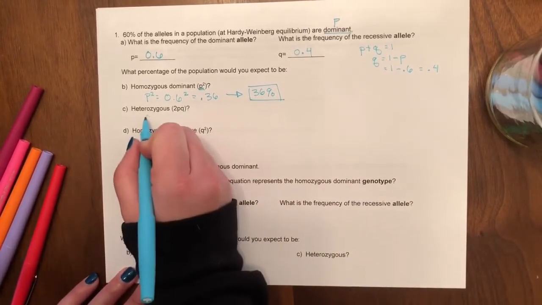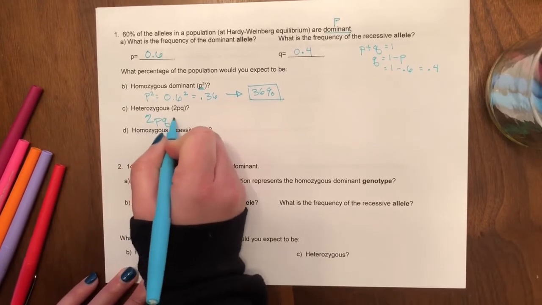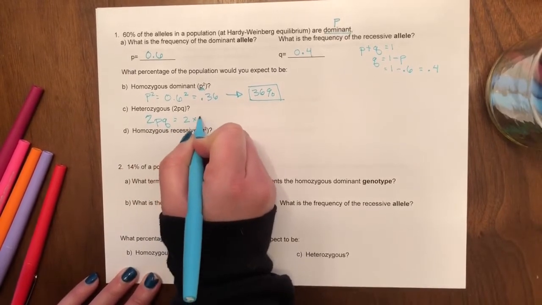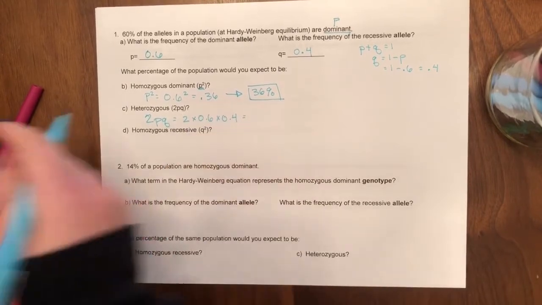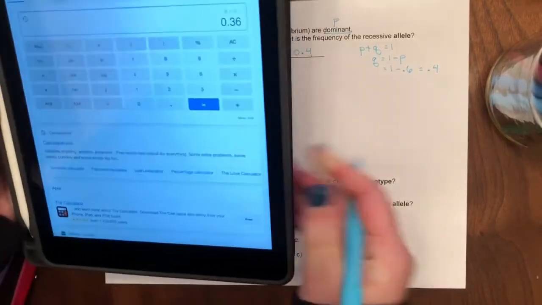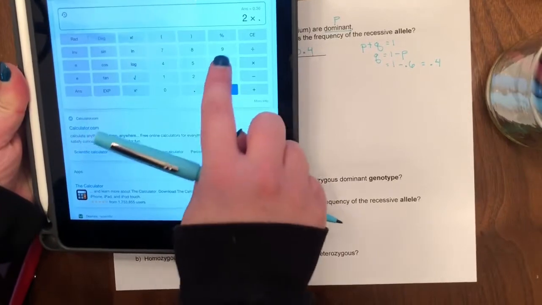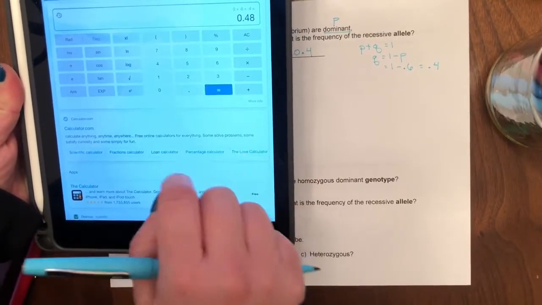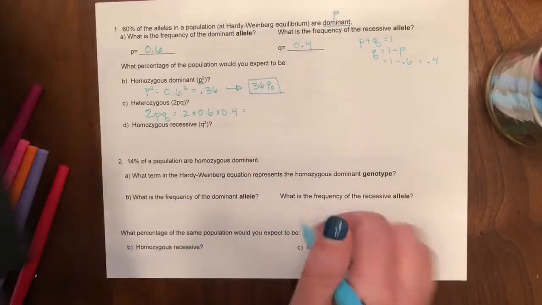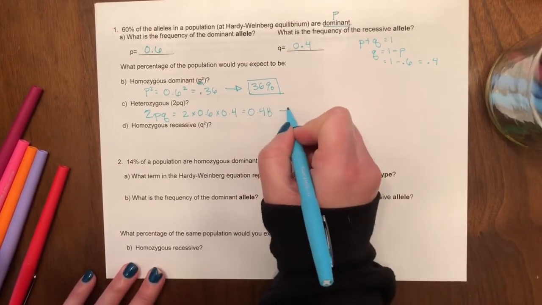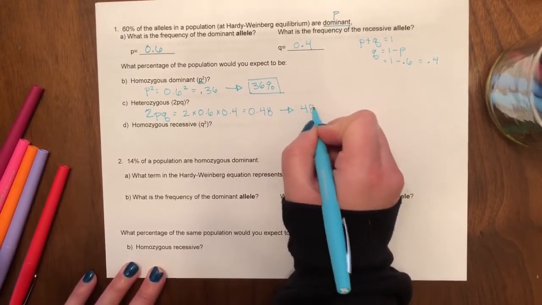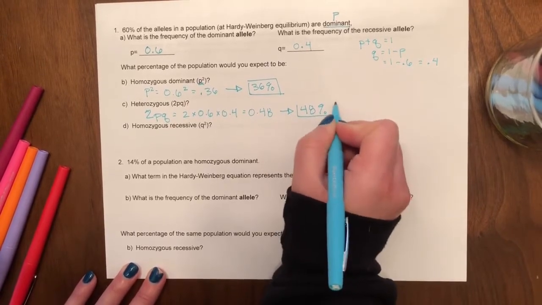Heterozygous, well, that's 2PQ. Same thing, let's always make sure we check our math. 0.48. And then write it as a percentage because the question asked us to.